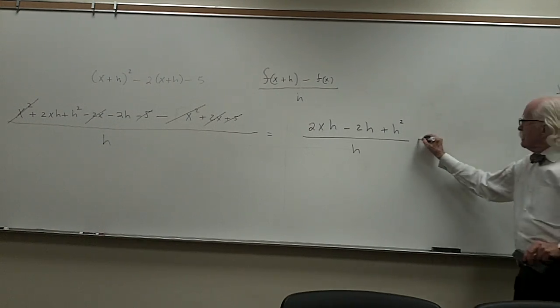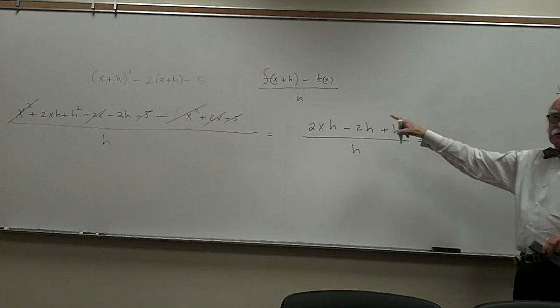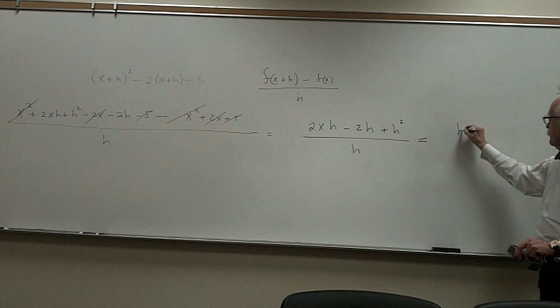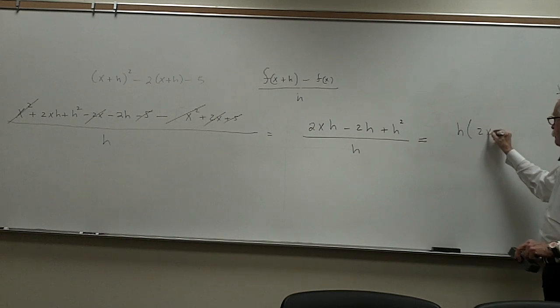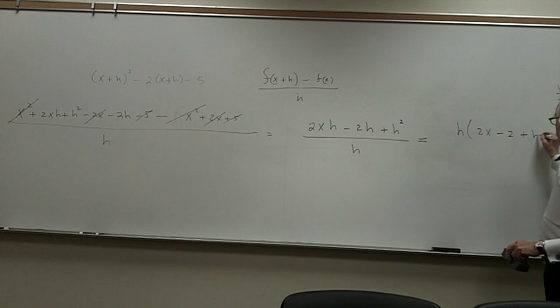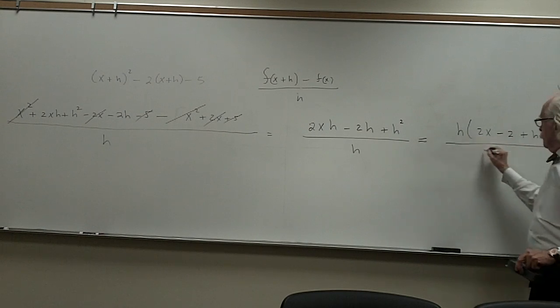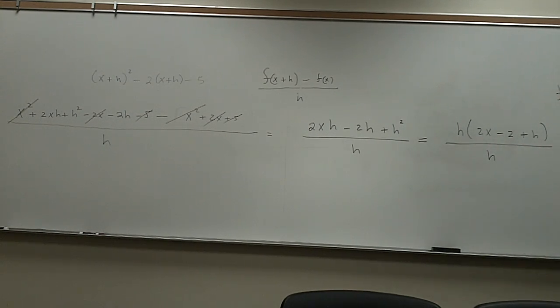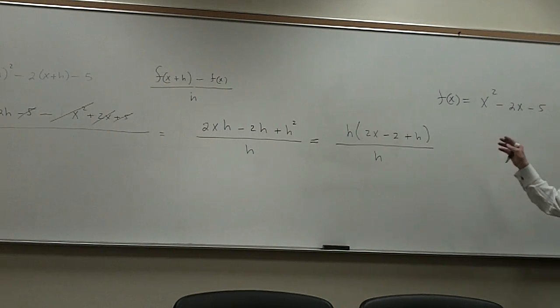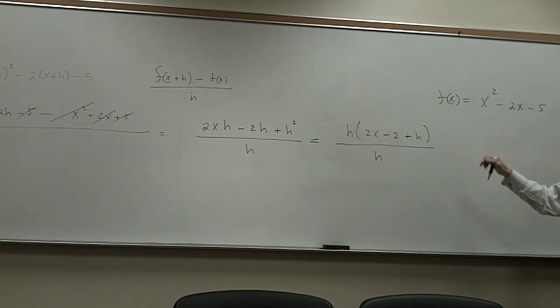And now, if I factor an h out of this top part right here, I'm going to have this. Does everybody see what I have? I have factored out an h.